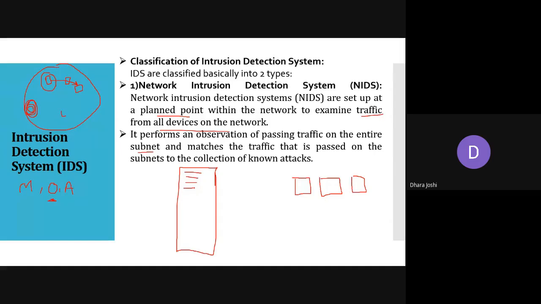So they have all the attack names and their patterns. At the analysis part, it will check whether these data packets are from any of these known attacks. If the match is found, then they can declare it as an attack and alert the network administrator. If not, then it will go back to the monitoring part, checking whether any other data packets have suspicious activity or not.